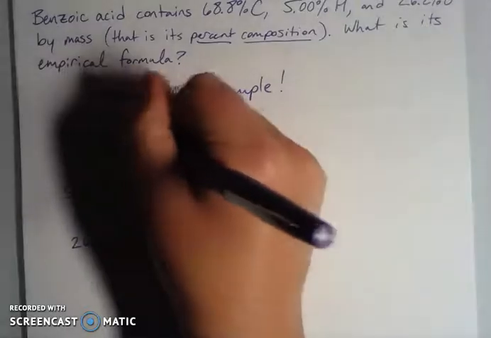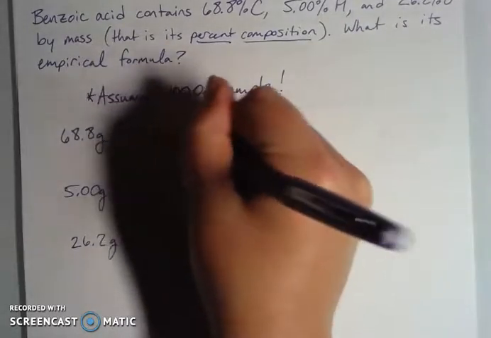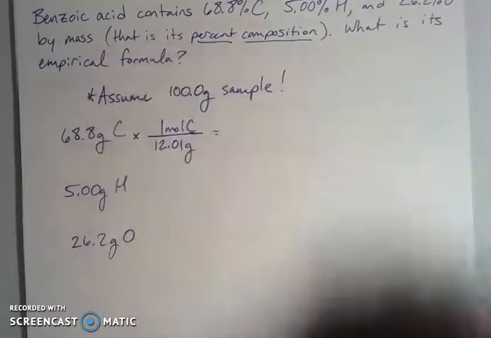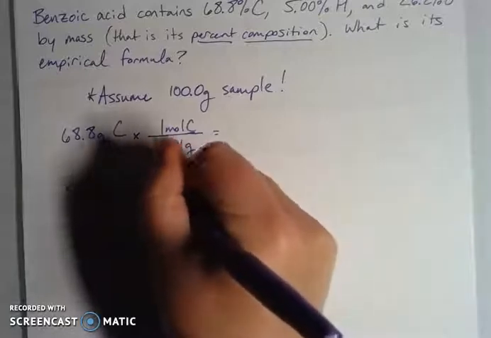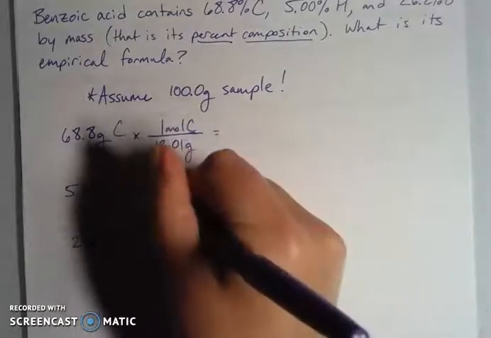We need to convert to moles. Now in chemistry, when in doubt, you are probably going to be converting to moles if given grams, or just in general. It's actually a good rule of thumb. So when in doubt, convert to moles.